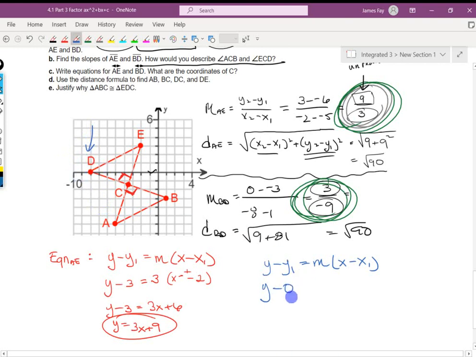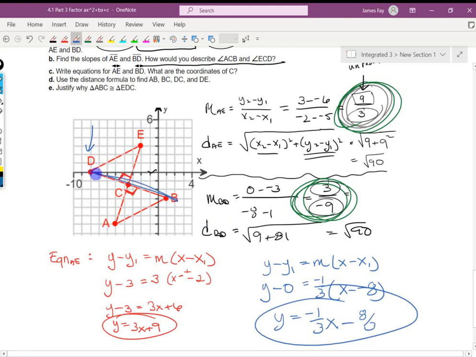So I can go y minus 0 equals m, which was -1/3, and then x minus -8. So y equals -1/3 x minus 8/3 will be the equation of that line there. Does that make sense? Okay, so that's what they're asking for there.